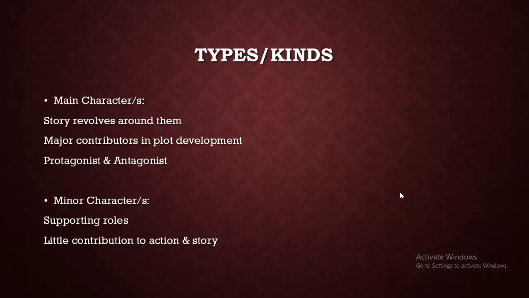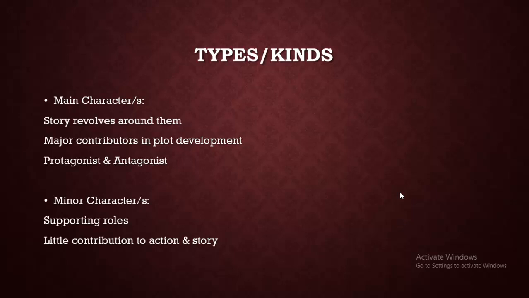The plot of a story is developed, it moves forward because of these characters, because of their actions, their words, their thoughts and feelings, their dreams, etc. And if we talk about the major characters, there are generally two main kinds. The first one is the protagonist, and a protagonist is usually the main positive character of a story.